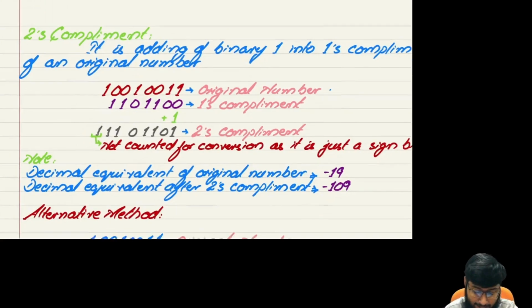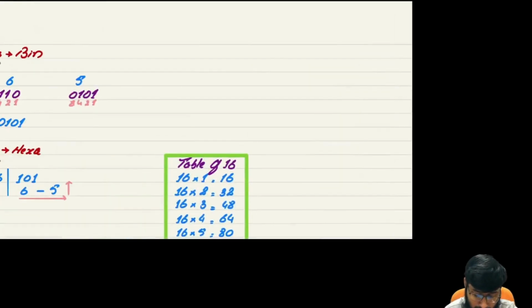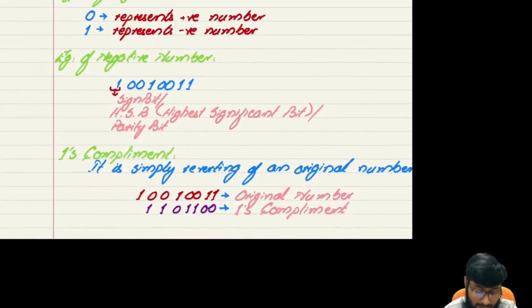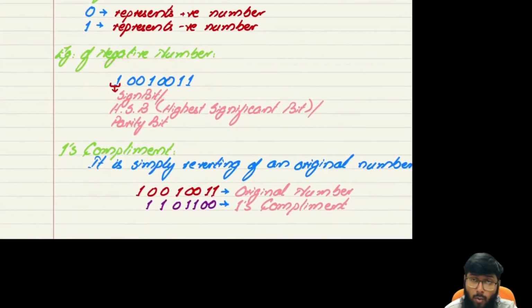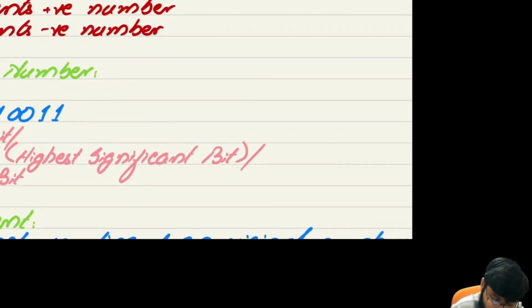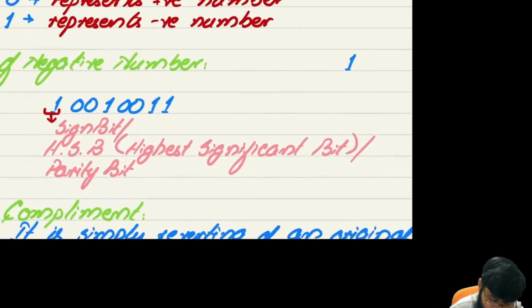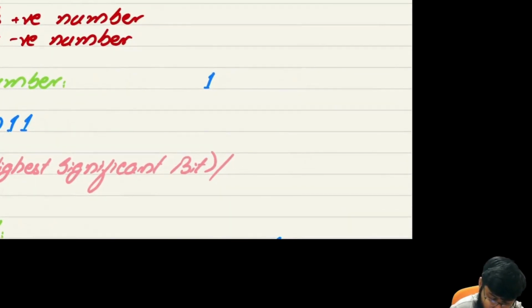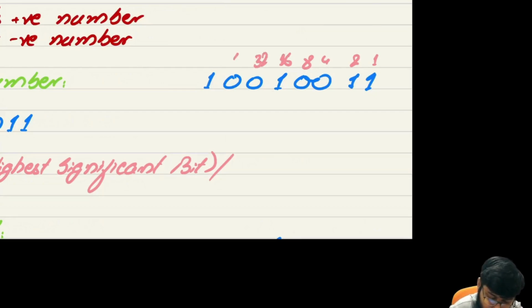Now if the examiner says this is a negative number, what is the denary representation of this negative number? We are going to do this in a particular format. The number is 1 0 0 1 0 0 1 1 0 0 1 0 0 1 1. We place the powers of 2: 1, 2, 4, 8, 16, 32, 64.